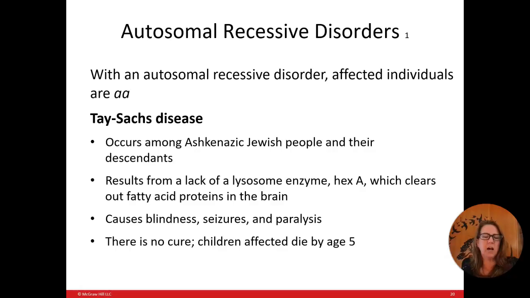We have some very commonly known and studied, and even clinically able to ID and diagnose, autosomal recessive disorders. One of those is Tay-Sachs disease. It's a fairly rare disease in the world population, but it is much higher in a particular subgroup of Jewish populations and their descendants.